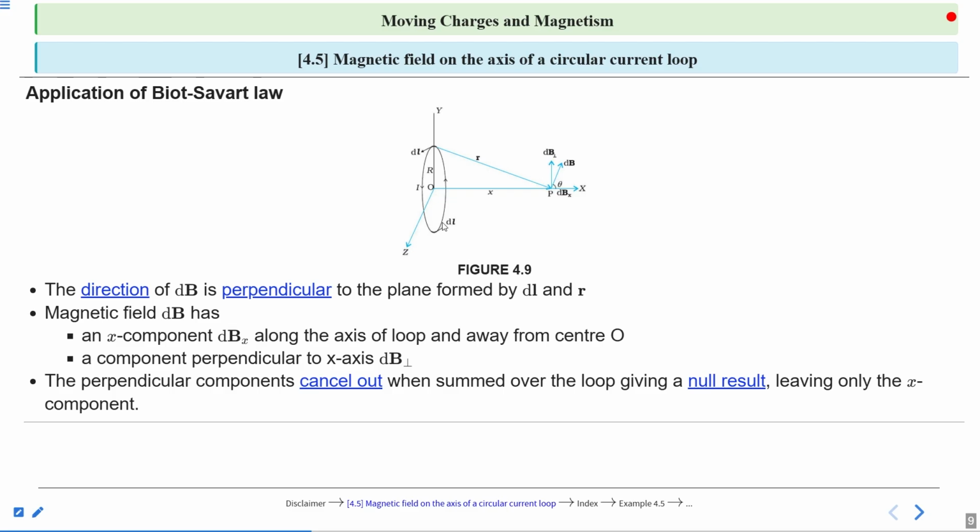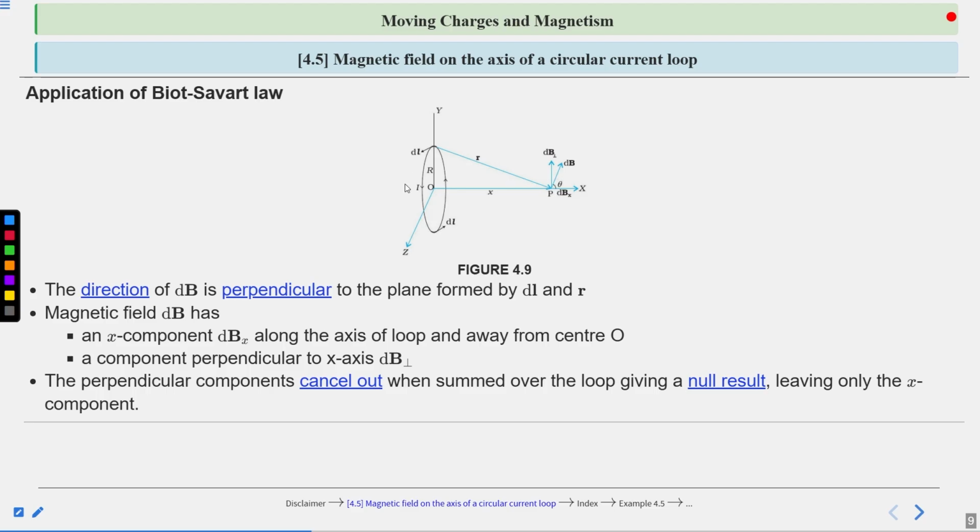So this lowermost dl is exactly opposite to the uppermost dl. If we take any element dl on the loop, there exists an exactly opposite dl. So the perpendicular components cancel out.